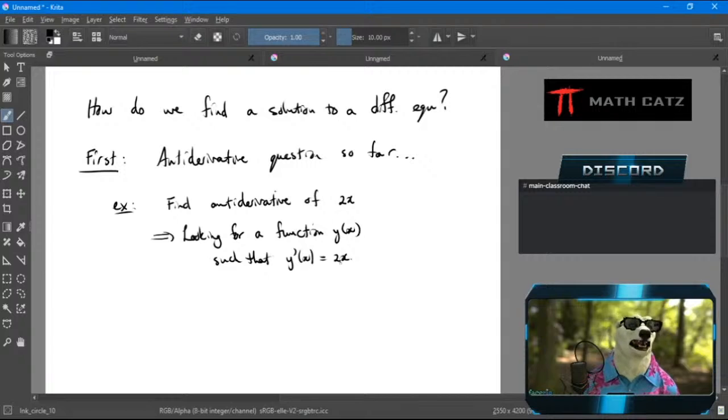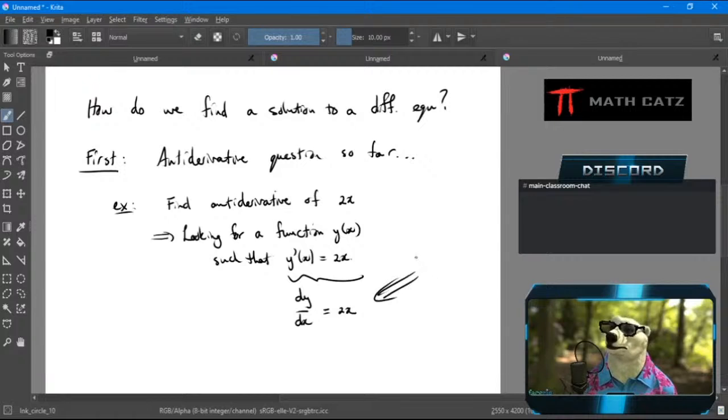Previously, I was given a function, and I needed to find the derivative. Now I'm given the answer to a derivative question, which means I am really given a differential equation. This is a differential equation. And by asking for the antiderivative, I'm asking for a solution to this differential equation.